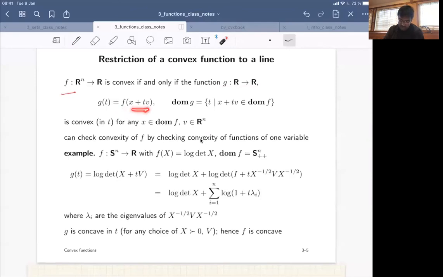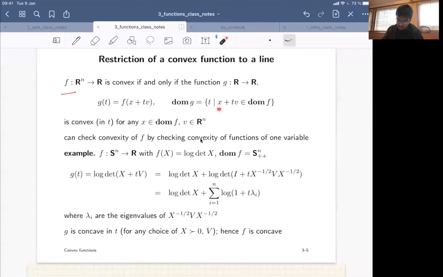So x and v can be any point, but this quantity has to be in the domain of f. Then only we can evaluate f of that quantity, right? Otherwise, we cannot evaluate that.